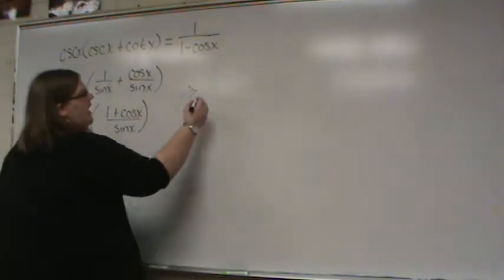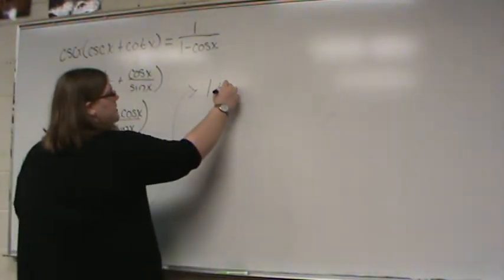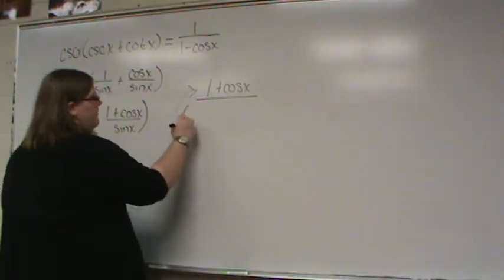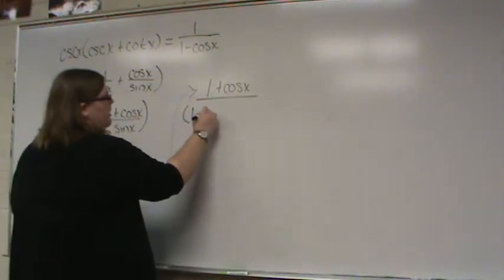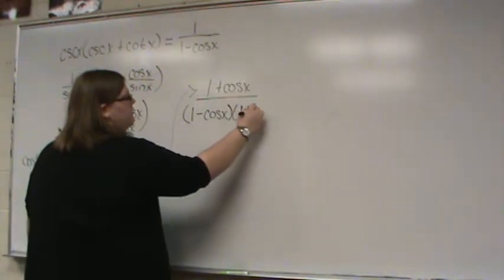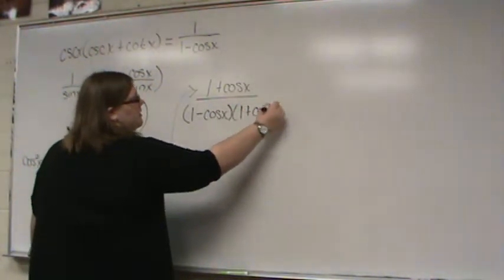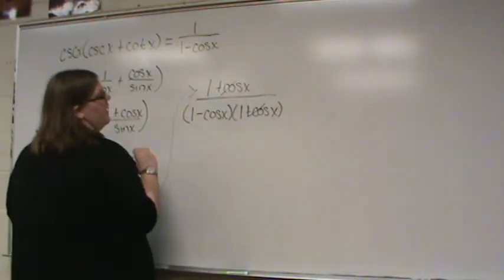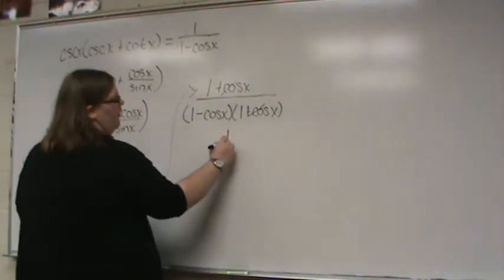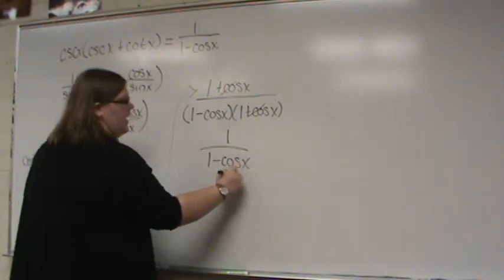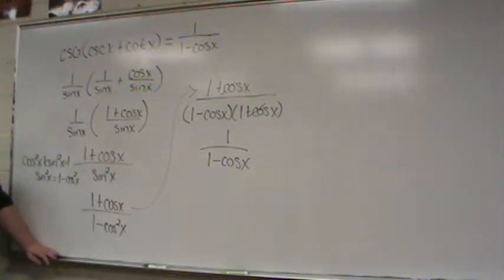We're going to leave the top, 1 plus cosine x, and that's all over, when we factor that, 1 minus cosine x times 1 plus cosine x. And then those cancel. So the 1 plus cosine x's cancel out, and you're left with 1 over 1 minus cosine x, which was what we were trying to get.